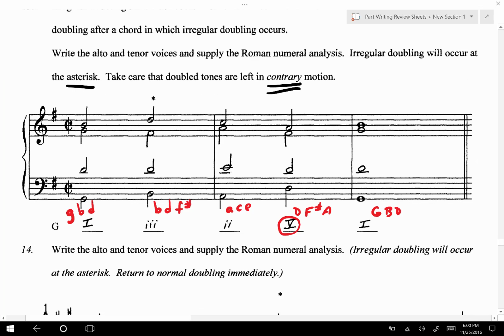So the bass is moving up by the interval of a third. If at all possible, retain the common tones, which we can do here in the tenor. Altos can shift down right here. Why do you suppose there's irregular doubling here where the asterisk is? Well, because if you look carefully, we have one root and two thirds that are doubled.